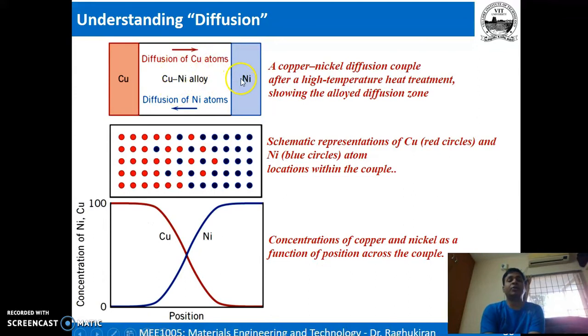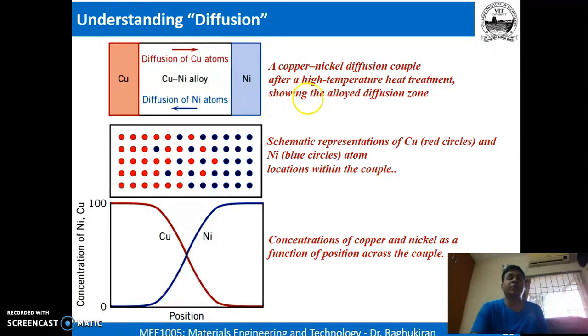Eventually, you can see the pure copper is limited only to the extreme left, and similarly the pure nickel is limited only to the extreme right. So what could have happened in all other places? There is a combination of copper and nickel existing. How was that possible? By way of diffusing, like mass transport of copper and nickel into each other. And why should it have happened?